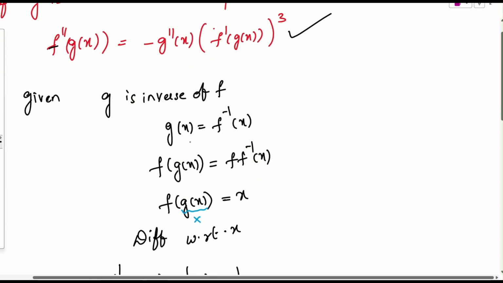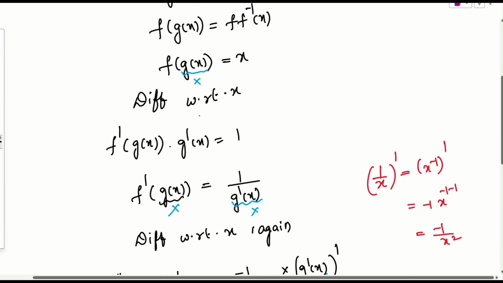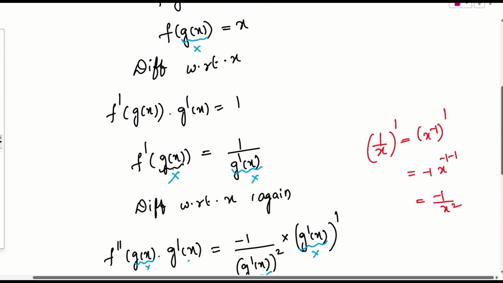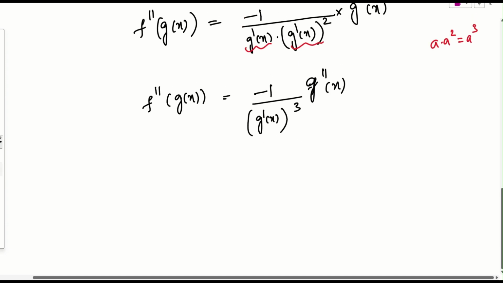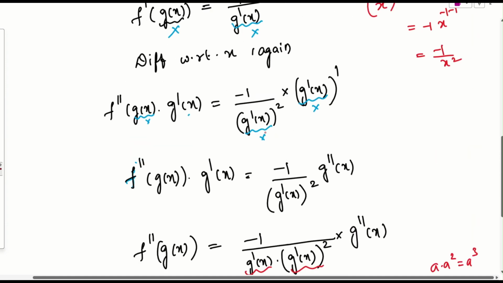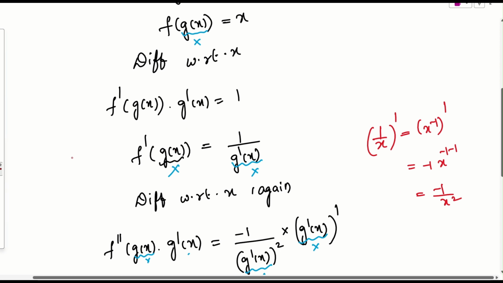So if you look into the problem here, we are having something else. So now check it. We have f dash of g of x here. So what I will do, we need to replace this g dash of x. So 1 by g dash of x, simply take this equation. What is 1 by g dash of x?